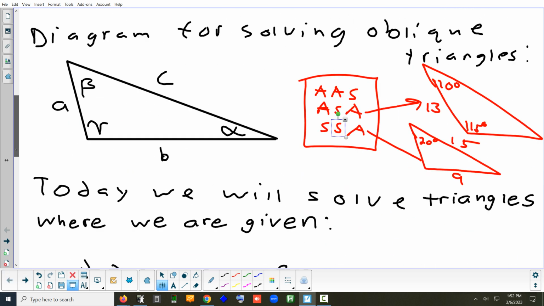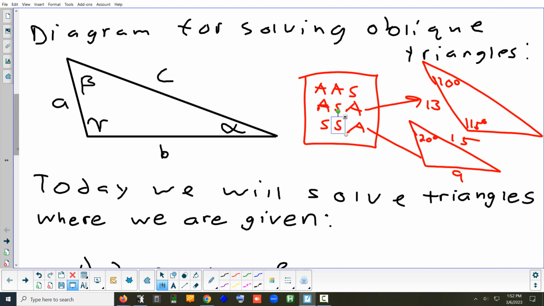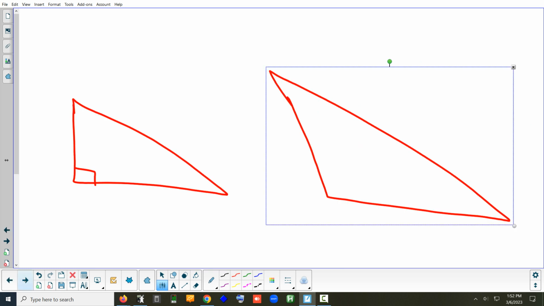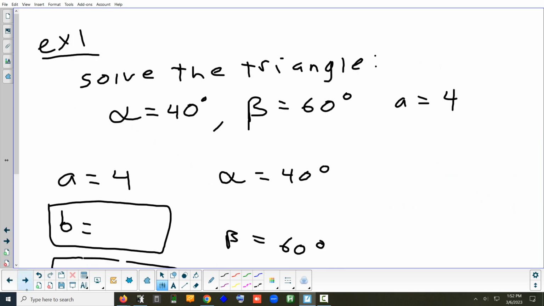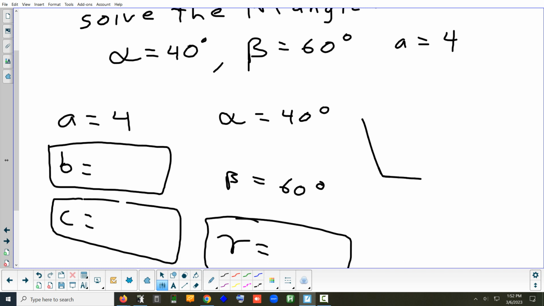And how are you going to do your sketch? Just like that. Draw that exact picture, but just erase the 3 things that you know and fill in the numbers. Okay. And again, I don't care if this is drawn to scale. That's not what I'm going for.